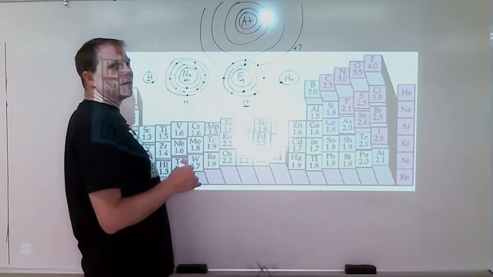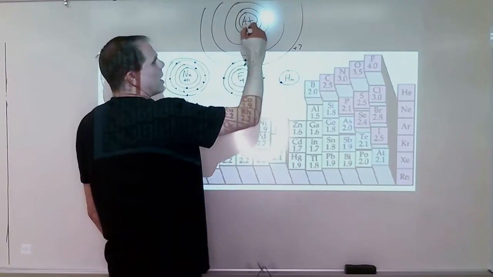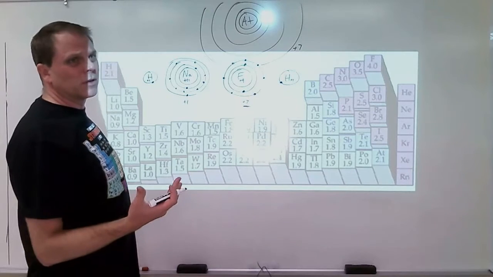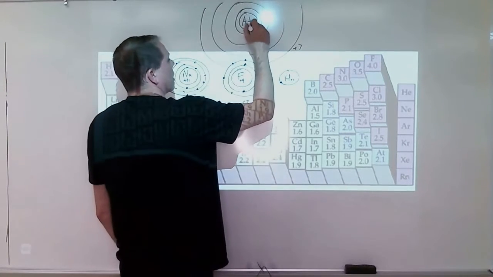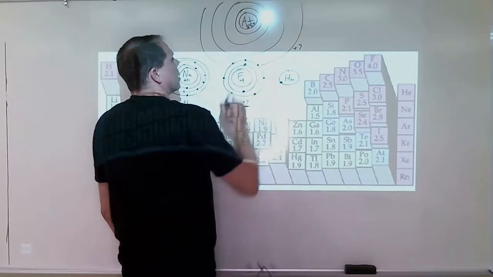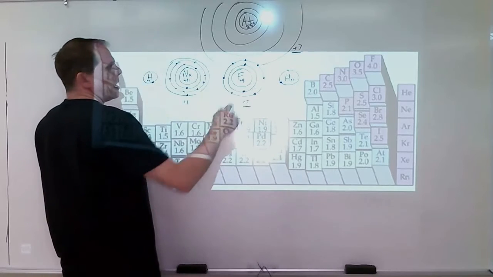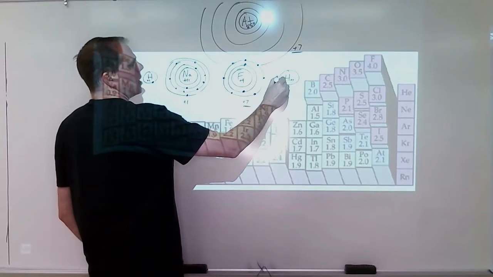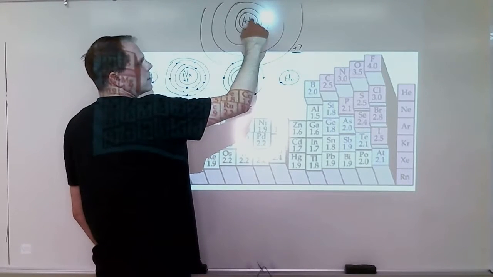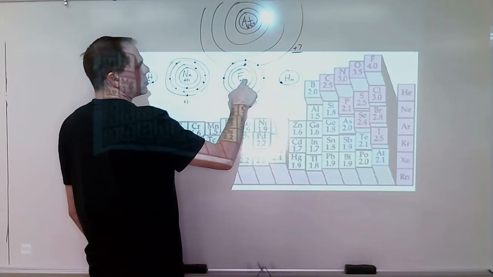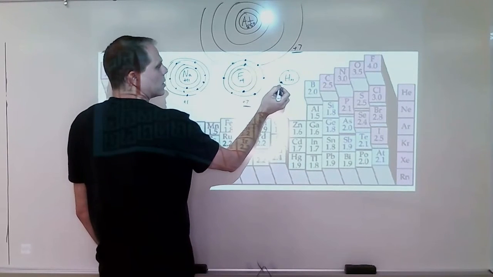There's a lot of positive on the inside, but they're so much further away. That nucleus now has a +7 effective nuclear charge, right? Astatine normally has 85 protons, so this is a big charge in the middle, but its effective nuclear charge is the same as fluorine. And so hydrogen's little electron isn't going to be as attracted to the +85 because it's so much further away. It's going to be more attracted to the fluorine, which is +9, because it's so much closer, all right?